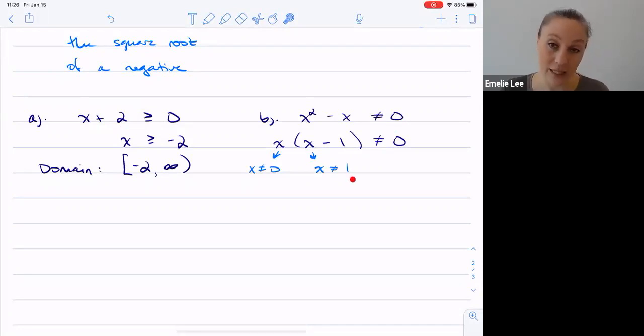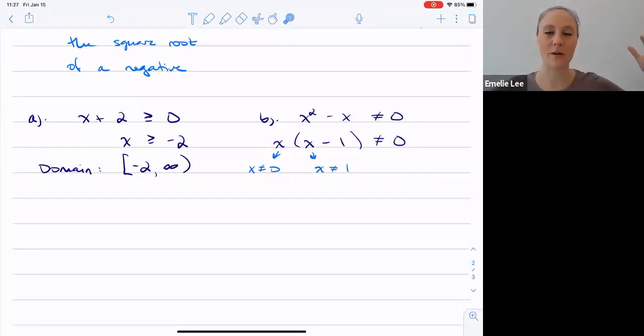Okay, so in interval notation, I'm allowed to have the set of real numbers as my x's except 0 and 1. So I'm going to go from -infinity to 0, but not including 0. And then I'm going to pick up again at 0, but not including 0, and go to 1, but not including 1, and then pick up again and go from 1 to infinity. So you want to get those breakpoints in.